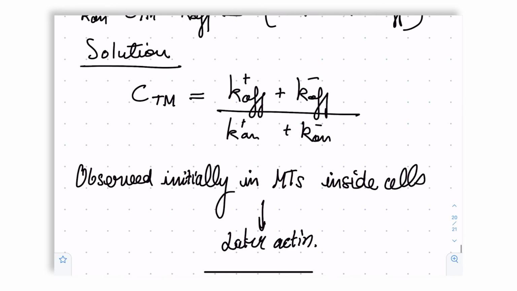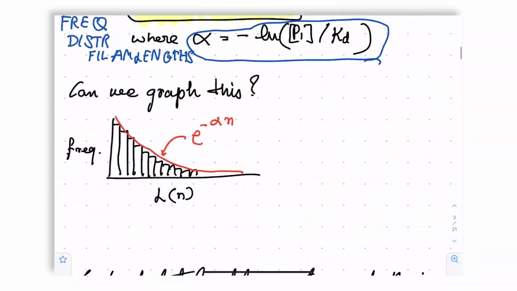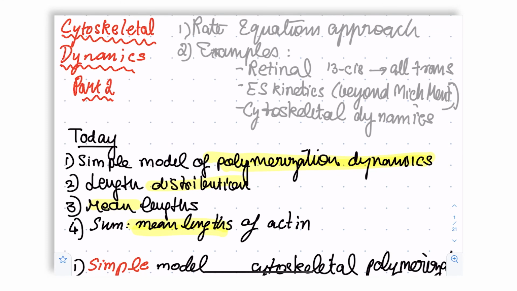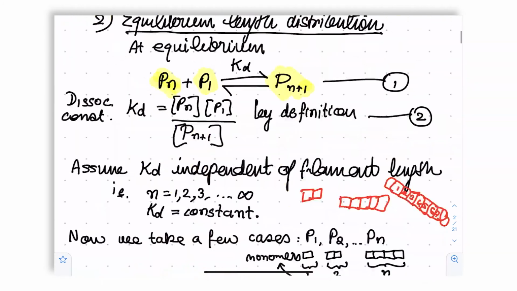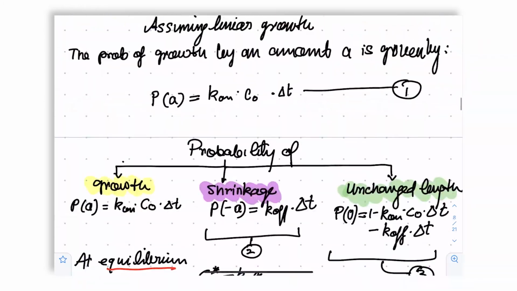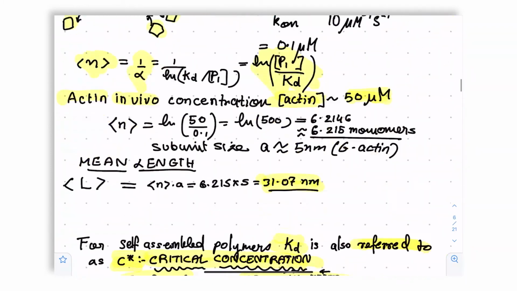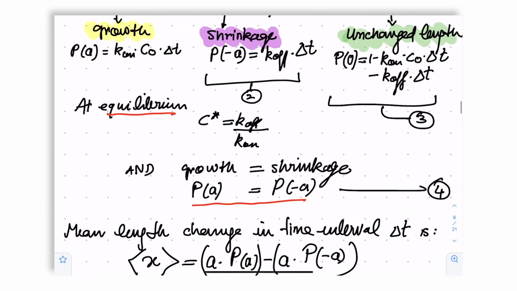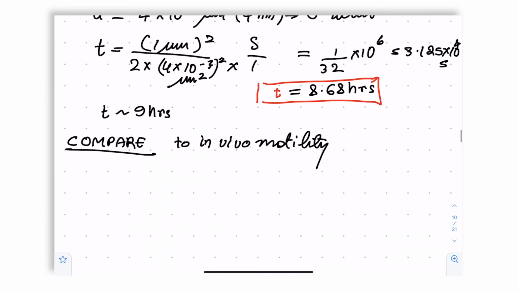So I stop here now, and just to remind you of what we've gone through: we've talked about a simple model of polymerization, dynamics, length distribution, median lengths, and the arithmetic to calculate these mean lengths. Then we talked about filament dynamics and length excursions, where we derived an expression for the extent of the excursion and its relationship to time.